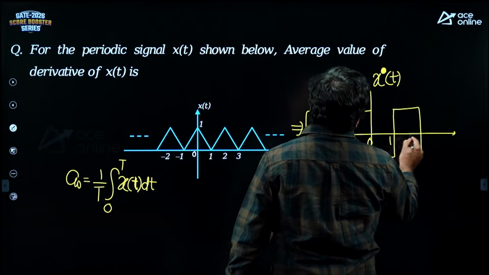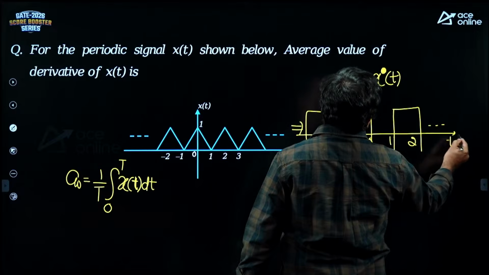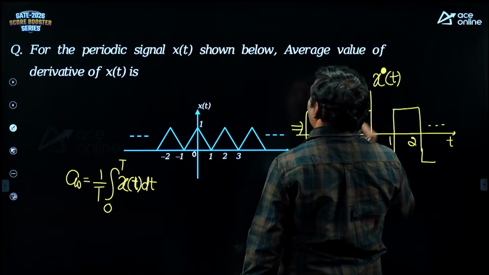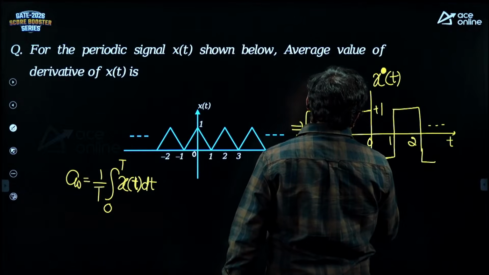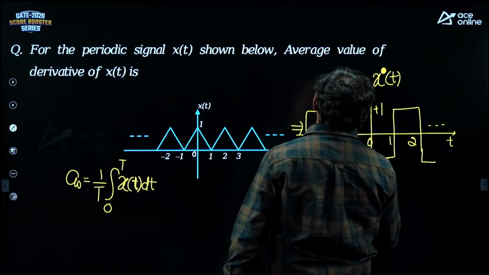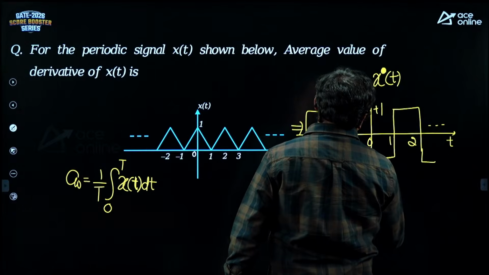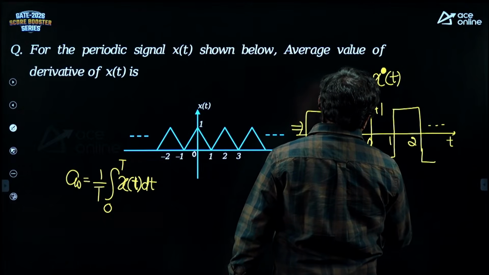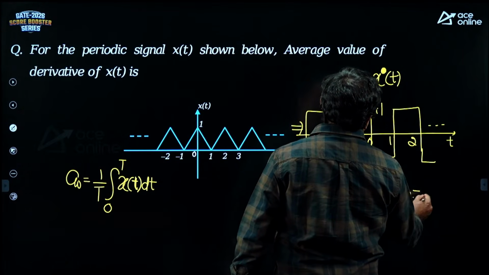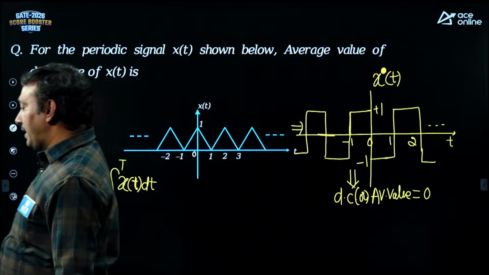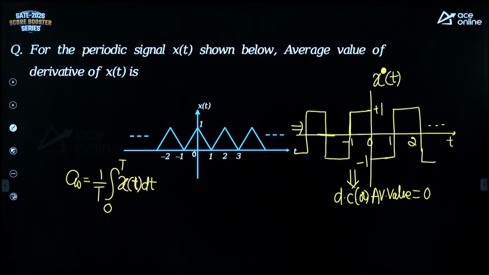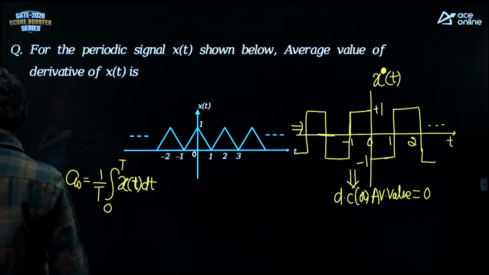That is looking like an odd signal, for which the DC or average value is 0. Area under an odd signal is generally zero. He wants the average value of the differentiated signal.